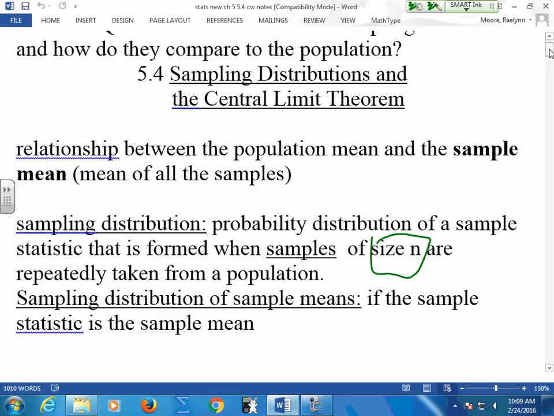This just means I have the same sample size, same characteristics. They're constantly taken from the same population. Okay, and we call this a sampling distribution of sample means.